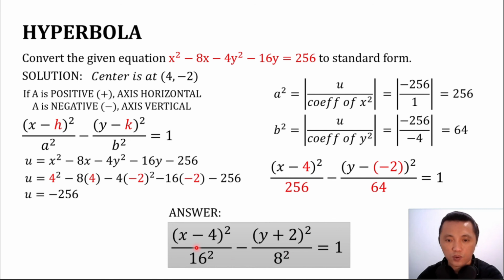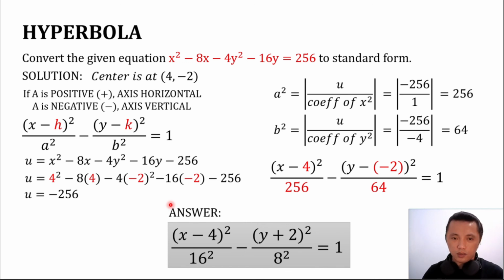So x minus 4 squared all over 16 squared minus quantity y plus 2 squared all over 8 squared is equal to 1. So you can express this one as 256 and this one as 64. So I just emphasized 16 squared here for the value of a and 8 squared here for the value of b, in case you're going to solve for the lengths of the transverse and the conjugate axis. Okay, so that is very easy and simplified.